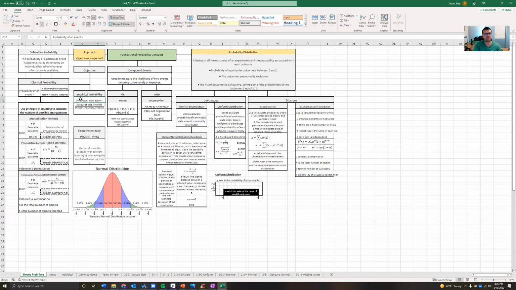Or are you looking at empirical probability, when you're looking at the number of past successes divided by past observations? And if you're dealing with classical probability, it also shows you how to calculate the multiplication formula, permutation formula. And you notice what I said there, the permutation formula is right there. And so you don't have to do the permutation with the factorials, although I know you guys have tons of fun with it.